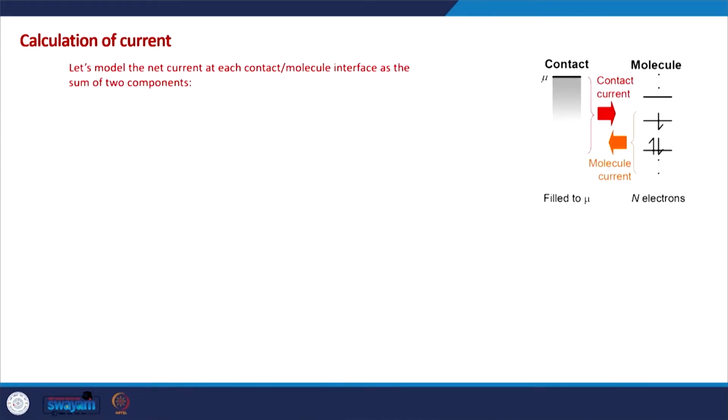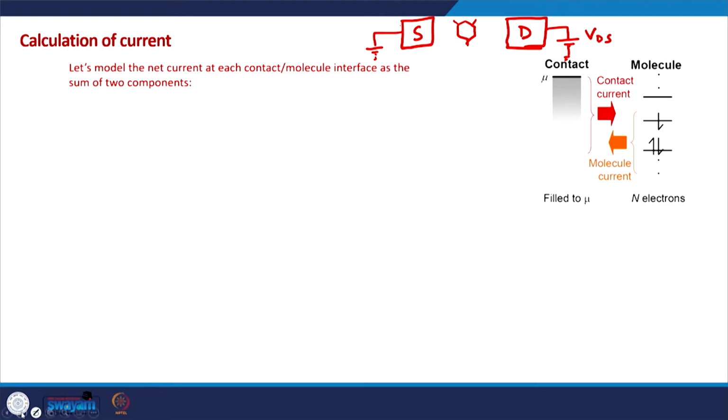Now with this we are in a position to calculate the current across this system. So the system that we have is the source contact, the drain contact, and a molecule or quantum dot. In order to properly understand the current flow in this device, when we apply a positive voltage on the drain contact, when a VDS is applied, let's break the current in the steady state in two components.